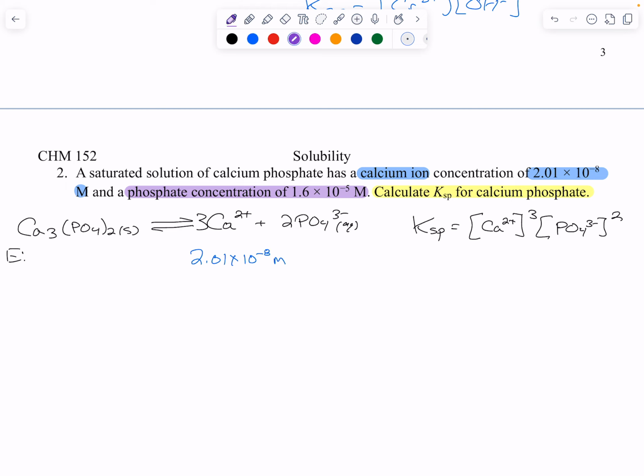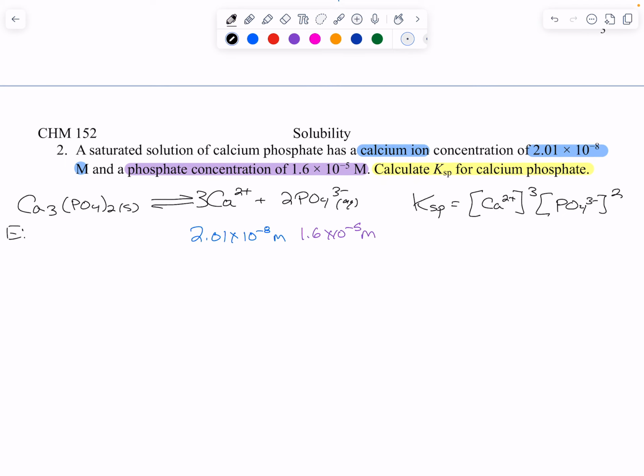And phosphate is 1.6 times 10 to the negative 5 molar. All right, let's plug it in. And so we have 2.01 times 10 to the minus 8 and 1.6 times 10 to the minus 5.